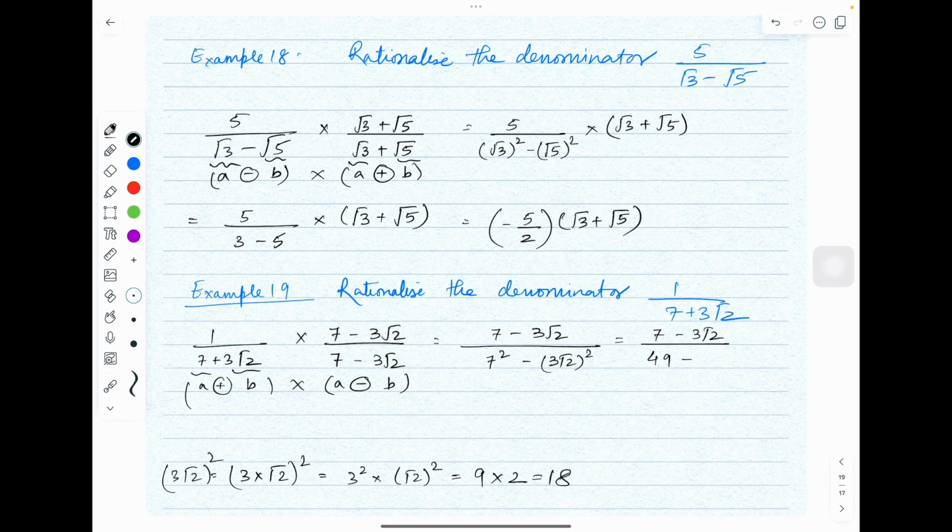So that is how I am directly writing 18 here. If 3 root 2 is given, you square the 3 part and the root 2 part separately. So the denominator is 49 minus 18, which is 31, and the answer is 7 minus 3 root 2 by 31. So this is the answer of the rationalization.